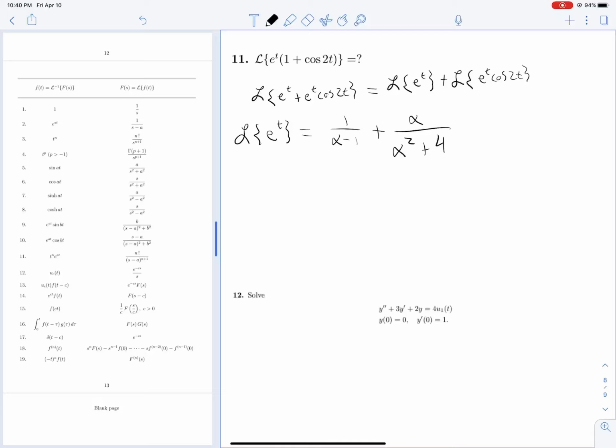And then we need to replace all of our alphas with alpha minus 1. And that should be that.